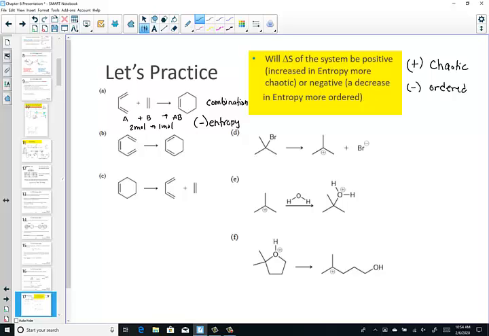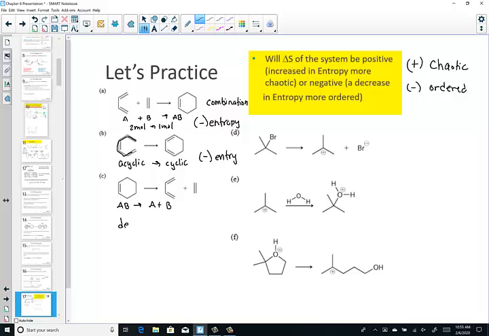This would be a more ordered state, so this would be a negative entropy, which means it's more ordered. Now here in letter B, I'm taking a structure and closing that to create a cyclic structure. So an acyclic turning into a cyclic structure is actually a more ordered system, so that's negative entropy. Here I have a compound in letter C that is breaking apart into two separate ingredients.